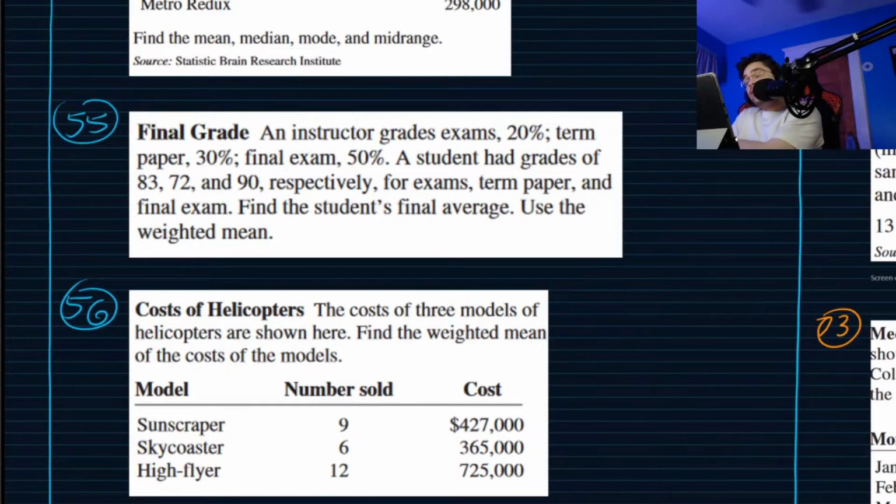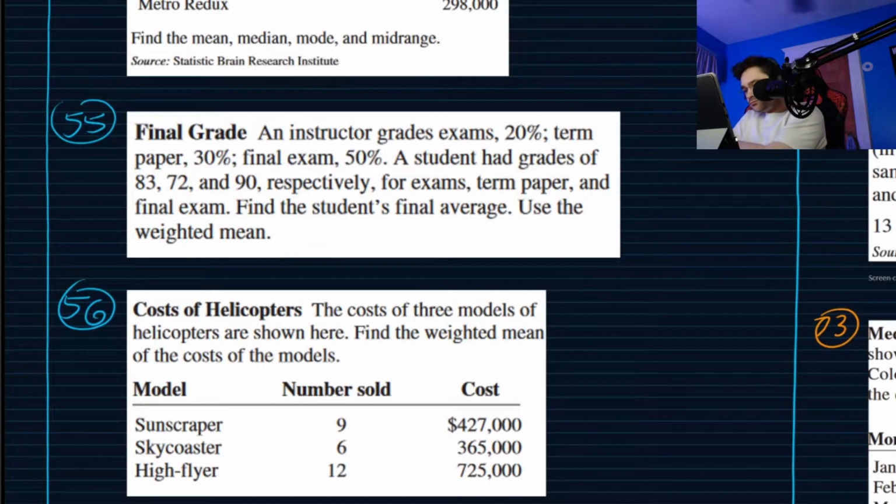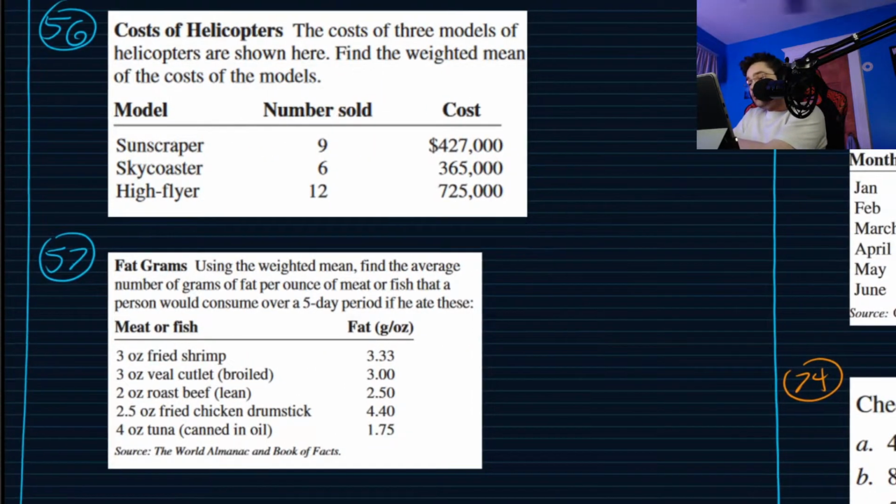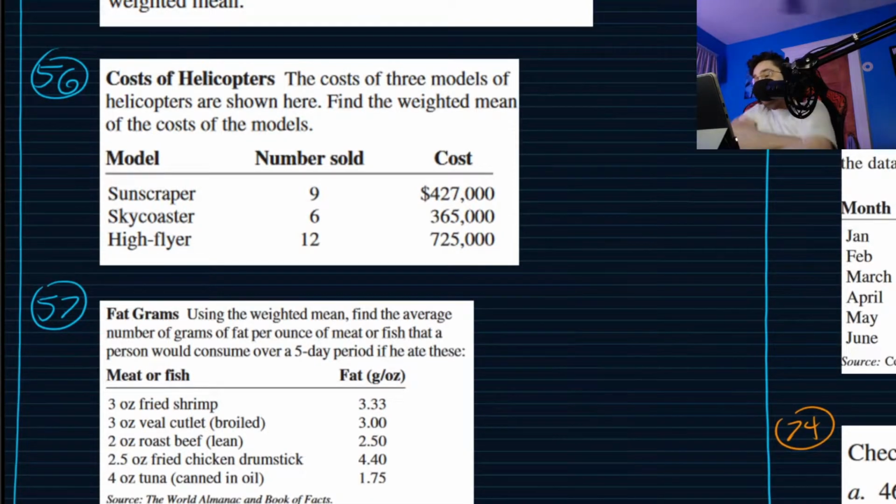In this case, the weight would be the number sold, and the cost would be the data value. Something like nutrition and things like that. In this example, using the weighted mean, find the average number of grams of fat per ounce of meat or fish that a person will consume over a 5-day period.